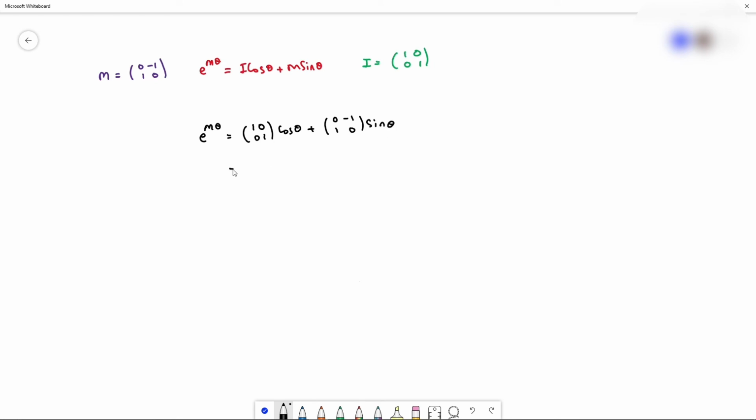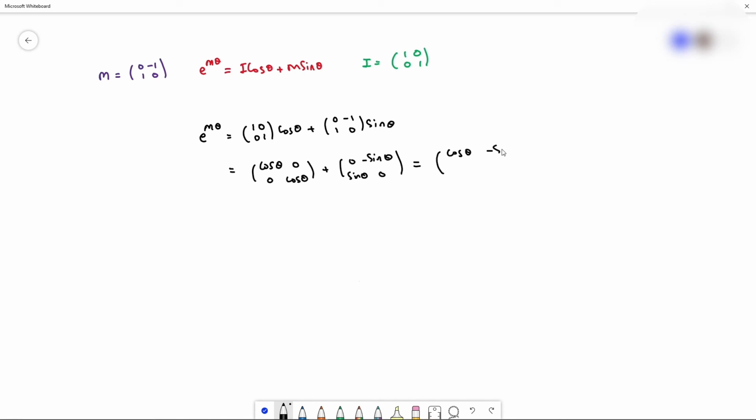Now it's totally fine to consider cosine theta and sine theta as a scalar and multiply it into the matrix. So it's going to become cosine theta 0 0 cosine theta plus 0 minus sine theta sine theta 0.